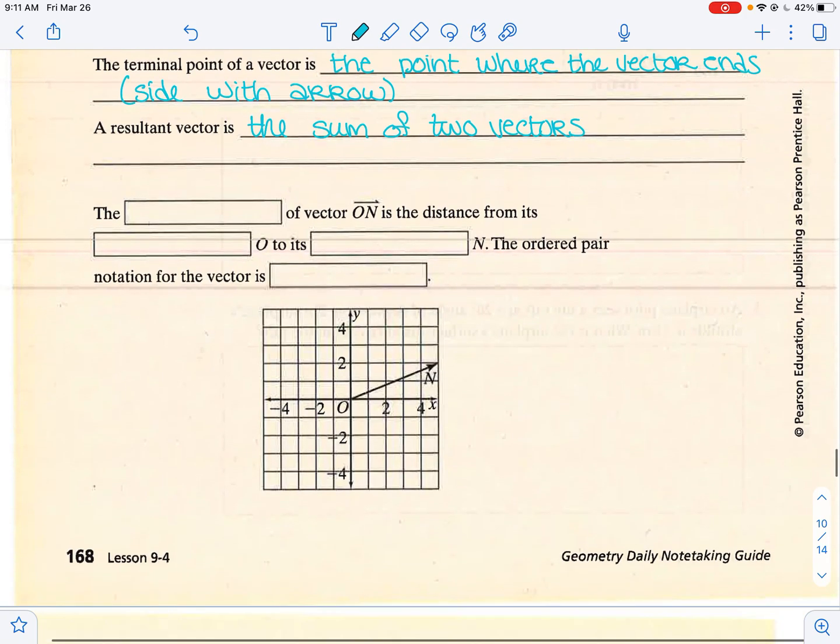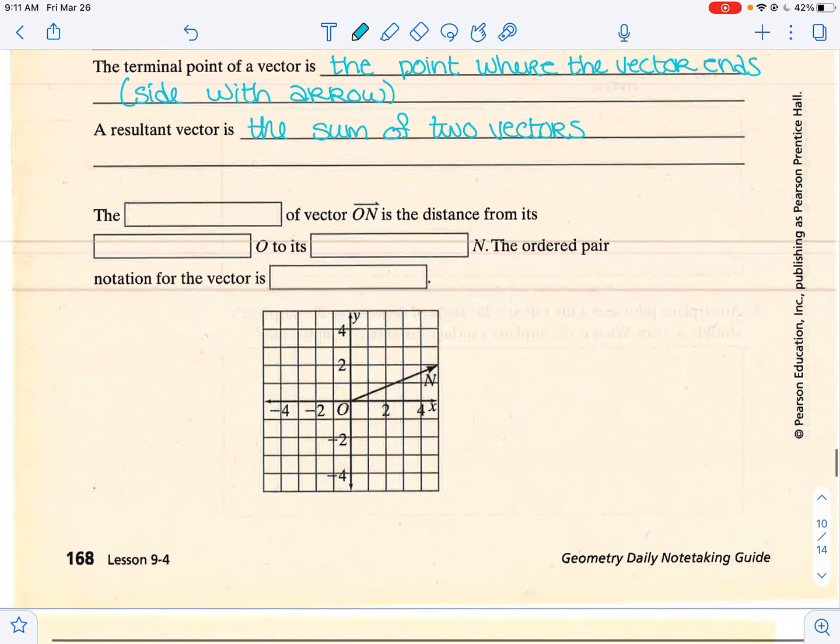Let's look into this a little bit. The magnitude of vector ON is the distance from its initial point, O, to its terminal point, N. So from the distance from here to here.